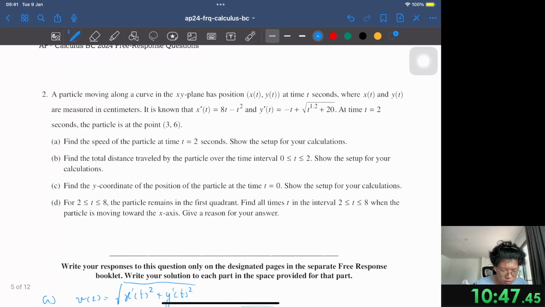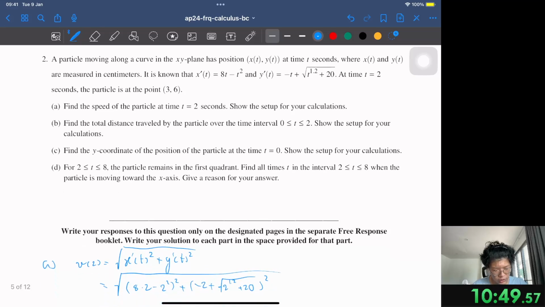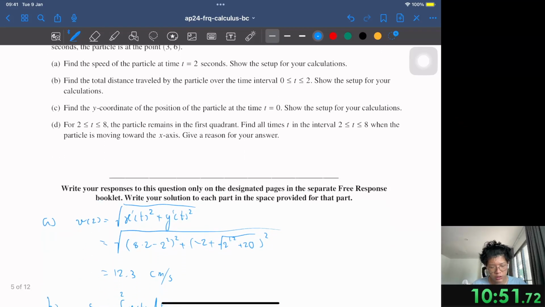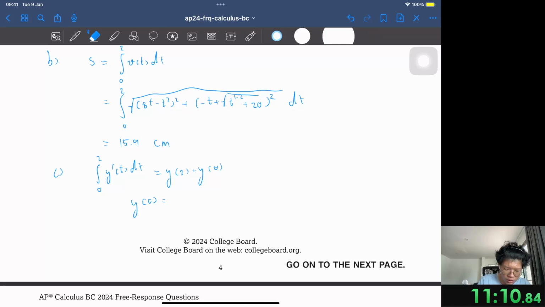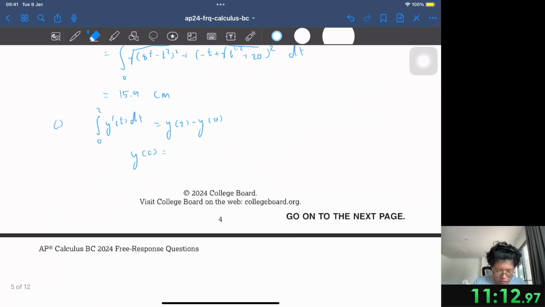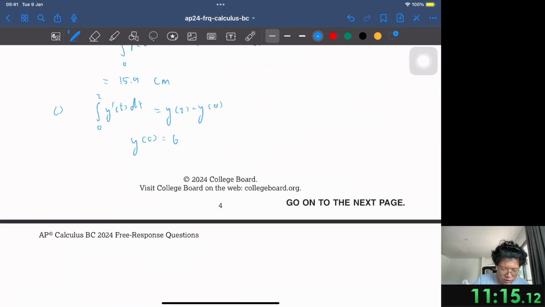In part C, we have to find the y-coordinate of the position of the particle at time t equals 0. If we integrate y prime of t dt from 0 to 2, we'll get y2 minus y0. So y0 is just y2 minus that integral. Well, actually y2 is, I think it's 6. Yes, it's 6.